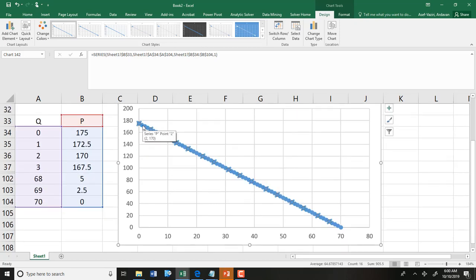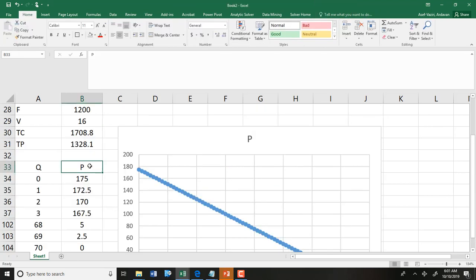At price of 175, we sell nothing, and if I set the price equal to 0, I sell 70 units. Go here and turn this price into total revenue. Total revenue, this is price. I put parentheses around it. This is my price.